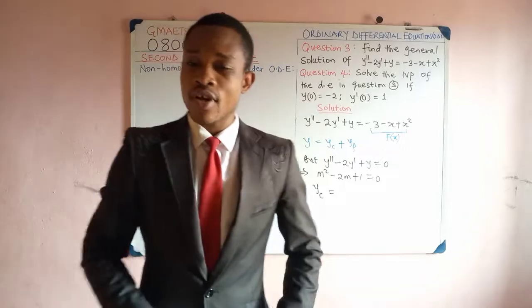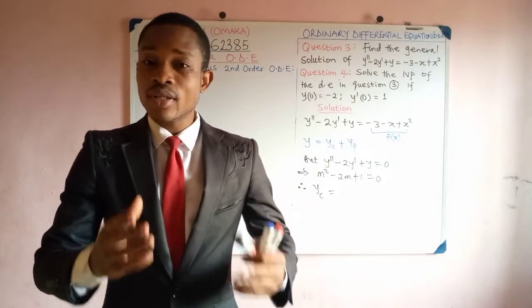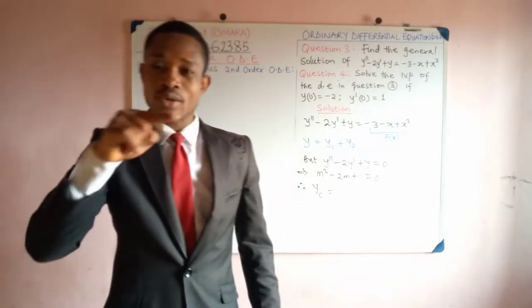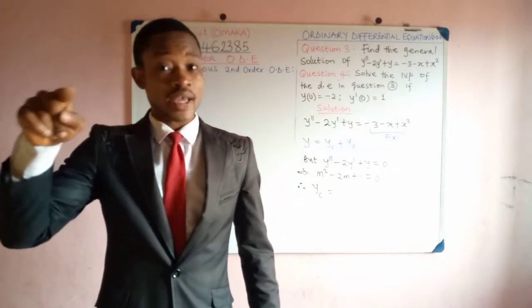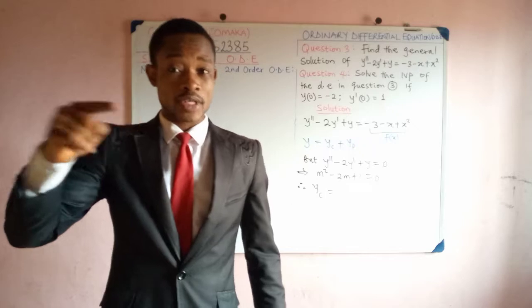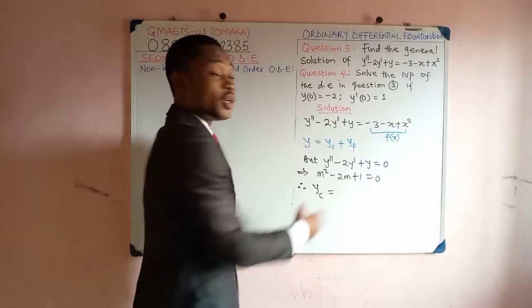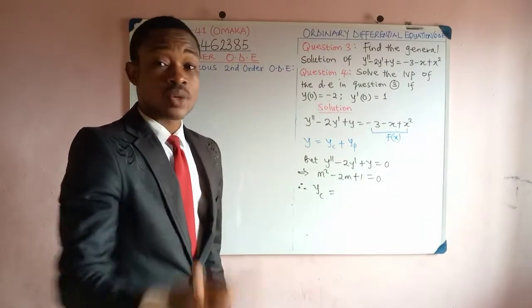Remember that when the roots of the quadratic equation are real and equal, the solution is y = (ax + b)e^(mx). Our m1 is the same as m2, which is 1.